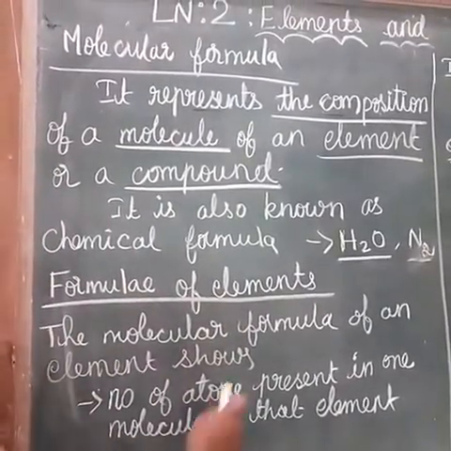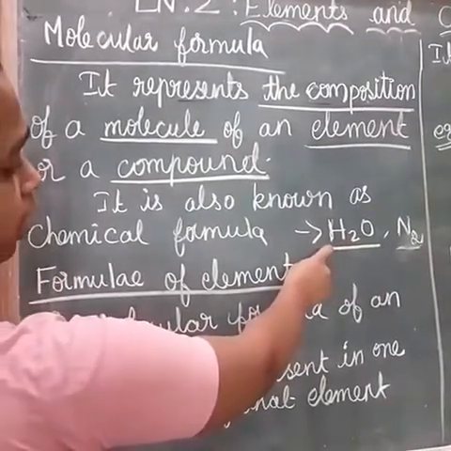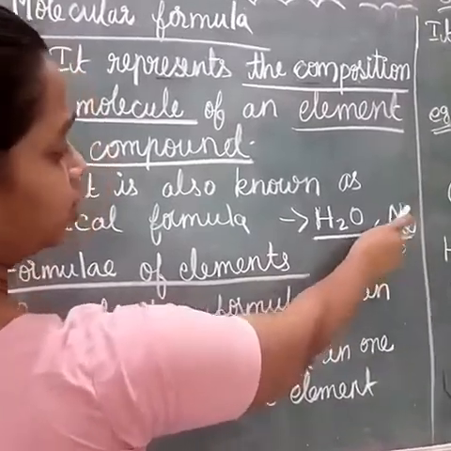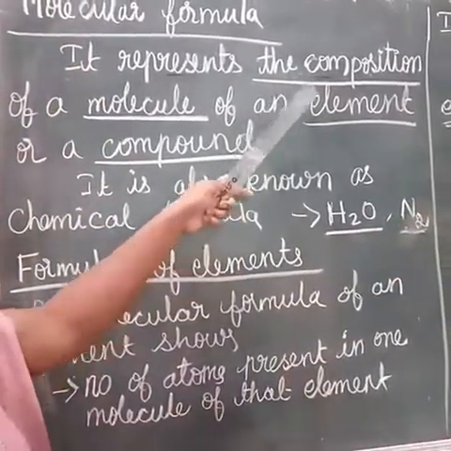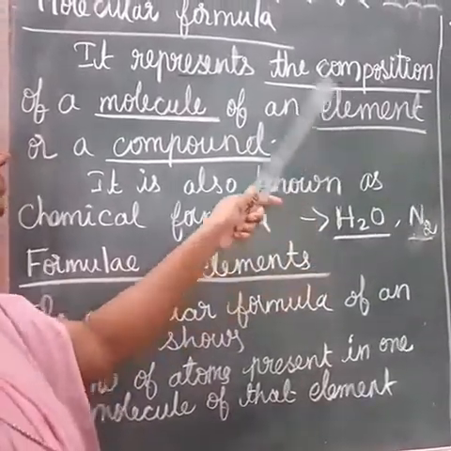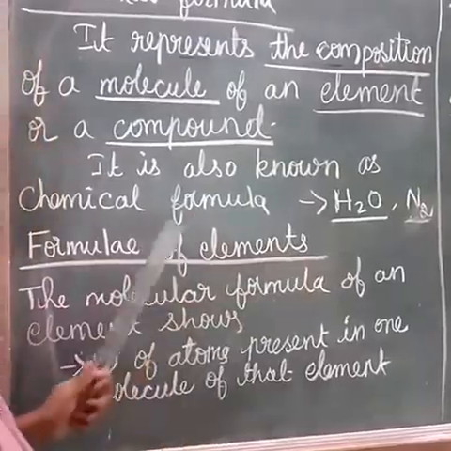For example, H2O is the molecular formula of the water molecule and N2 is the molecular formula of nitrogen. H2O shows the composition of a molecule of a compound, and N2 shows the composition of a molecule of an element.